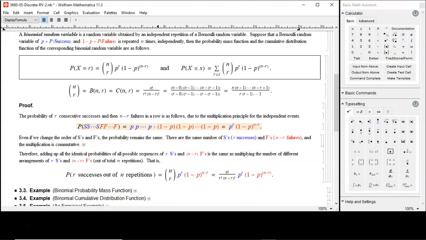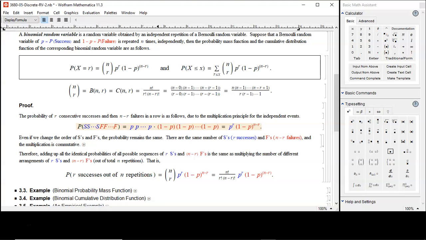So we get blue, blue, blue, blue, blue, blue, repeated r times, and then red, red, red, red, red, like this. So all those blues repeated r times, so that's p to the r power, as highlighted in blue, and then all those red balls repeated n minus r times, so we have 1 minus p to the n minus r power.